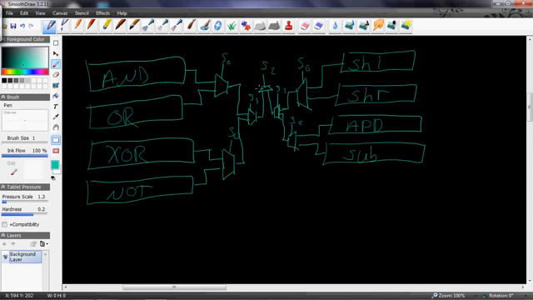So now we can see that on this 4-bit ALU, let me move my picture a little bit, I had 8 opcodes, which means I needed 3 bits for the opcodes. And each of these operations had 2 sets of 4 bits.